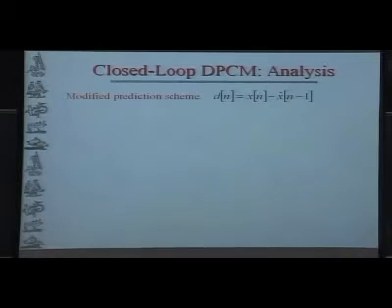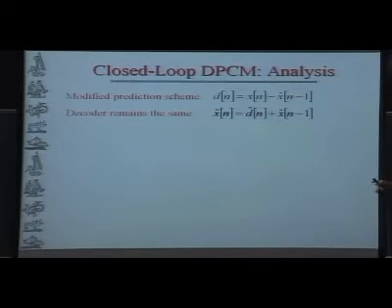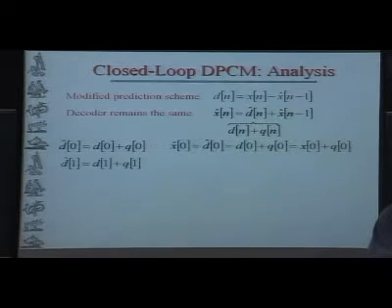So the modified scheme looks like this. dn, which is the difference, is xn minus x hat of n minus 1, meaning that this comes from the reconstruction. And it's trivial for you to show that the decoder remains the same. We don't change the decoder, but we change the encoder.